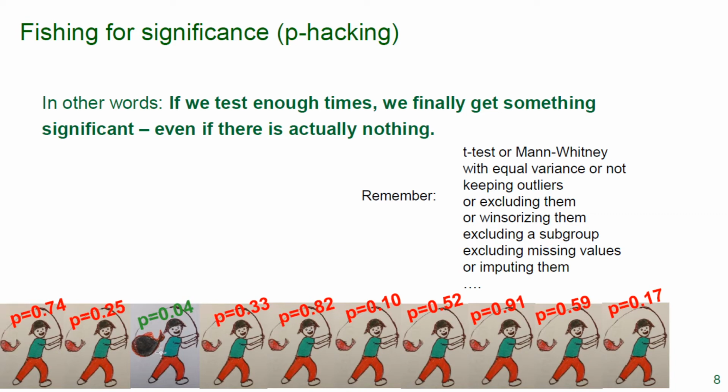And look here, by chance, he turns out to get a somewhat bigger fish, or in statistical words, a significant p-value. Well, this would just be chance because fishes are not exactly equally big. This would just be chance, a false positive result, but then our fisher would say, great, I could show that in this lake fishes are very big.